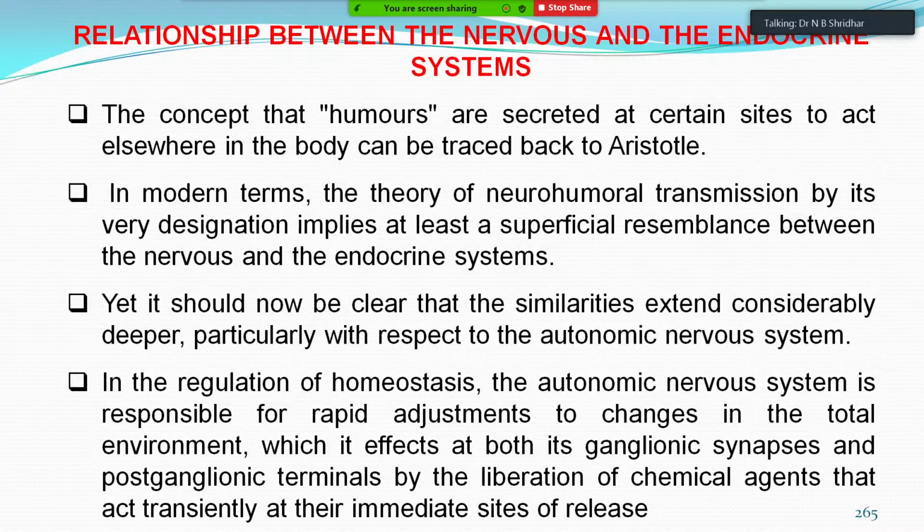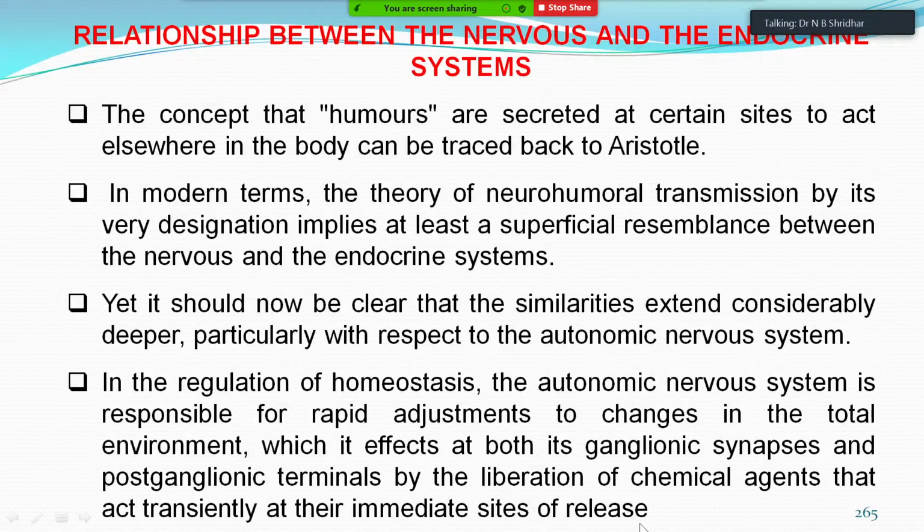And in the regulation of homeostasis, the autonomic nervous system is responsible for rapid adjustments to changes in the total environment. It acts at ganglionic synapses and postganglionic terminals by the liberation of chemical agents that act transiently at their immediate sites of release.